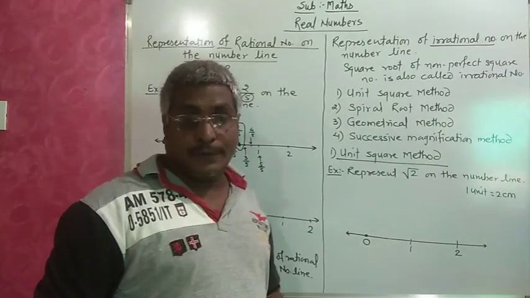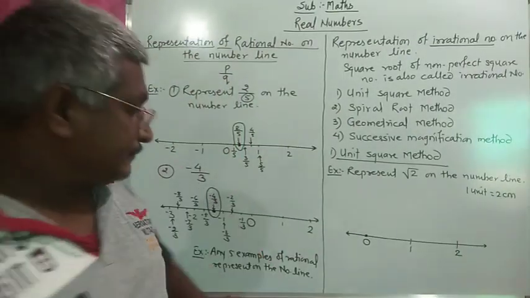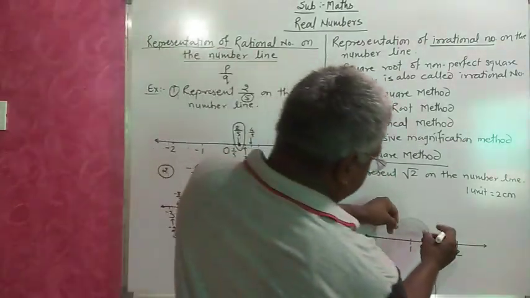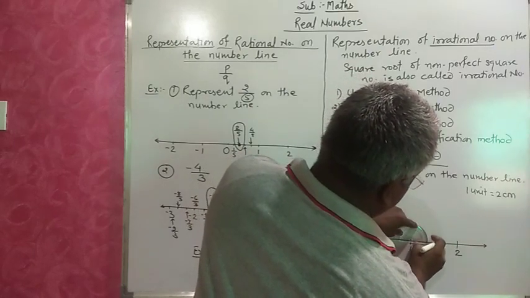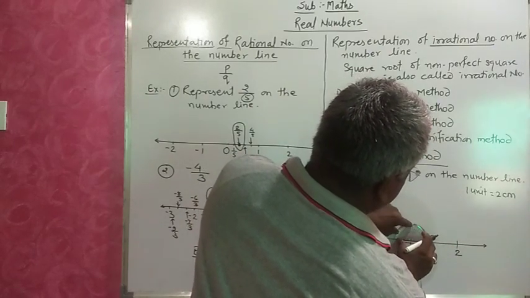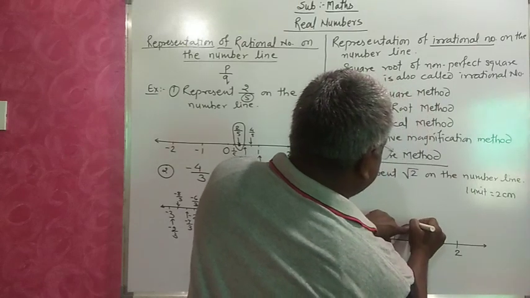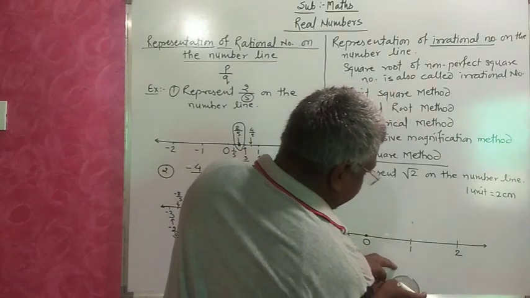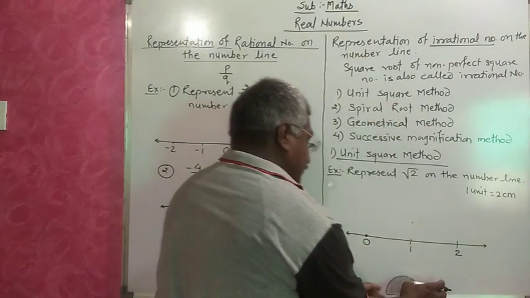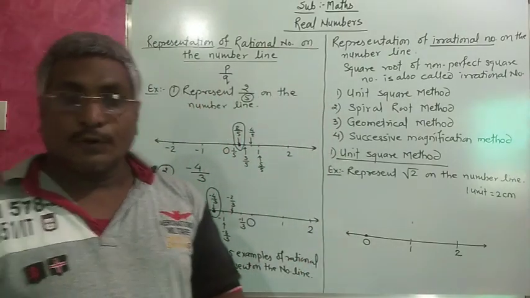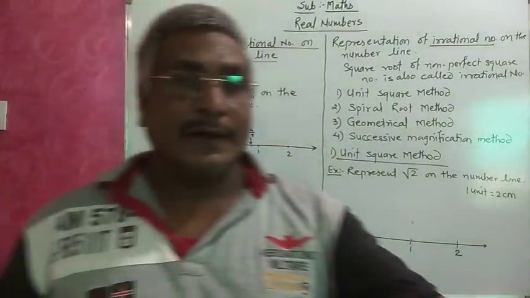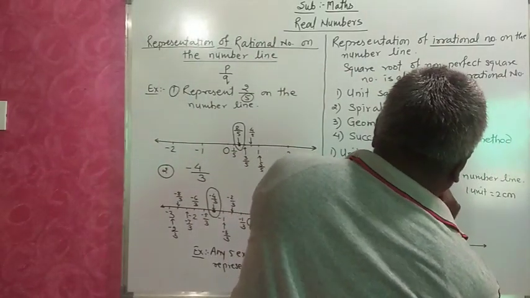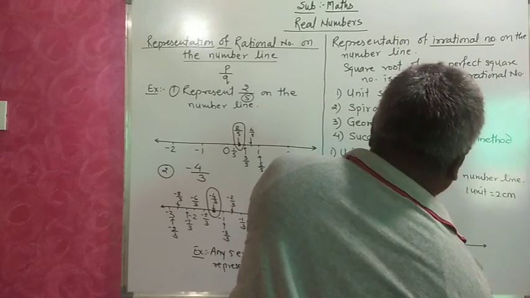So at 1 we have to draw a 90-degree angle with the help of a protractor. Keep the protractor at 1 in this way and draw 90 degrees, or if you know the construction of 90 degrees without a protractor, you can use that also.